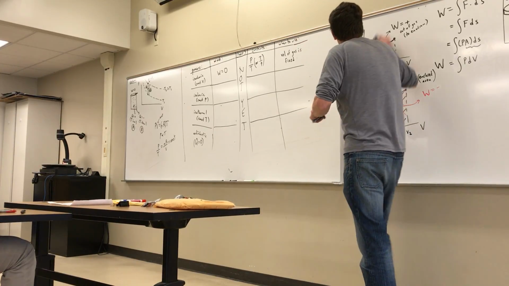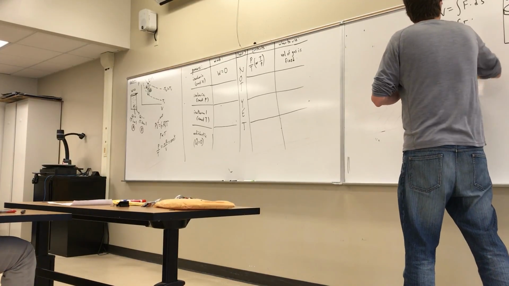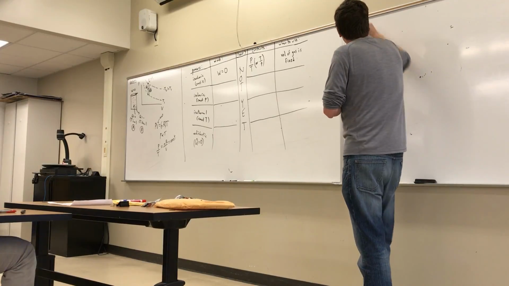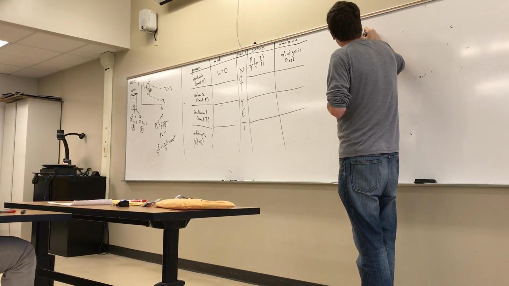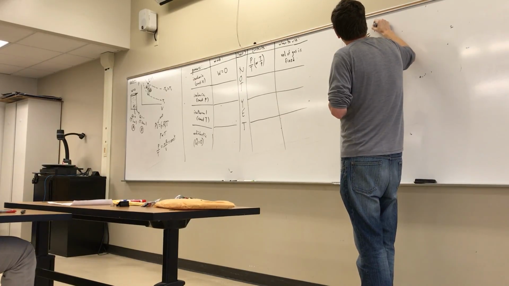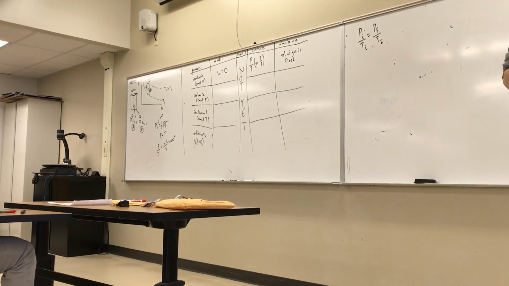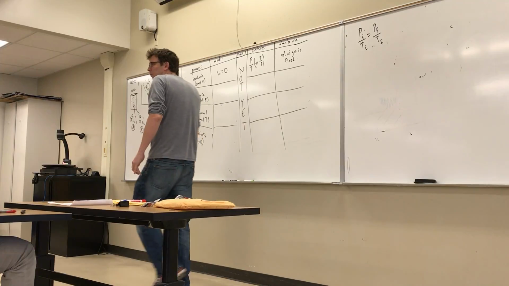The way that that will end up being useful in many occasions is like this. If you have a process of this kind, you can say P initial over T initial equals P final over T final. This ratio won't change during an isochoric process.